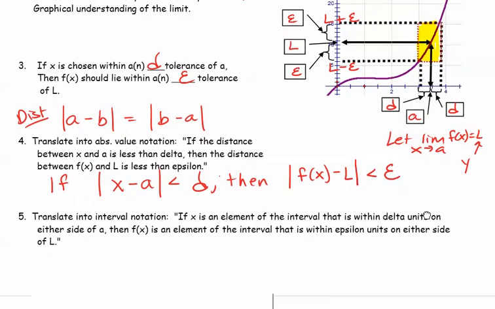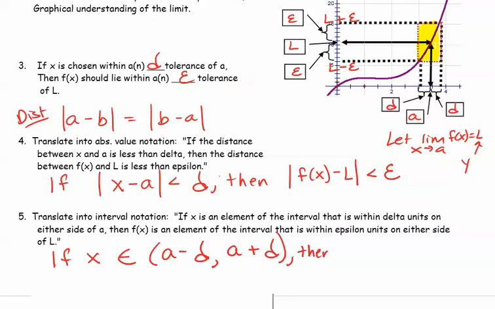And one more translation. If x is an element of the interval that is within delta units on either side of a, so we're going to go from a minus delta on the left, delta units to the left of a, to a plus delta on the right, so that would be this interval.